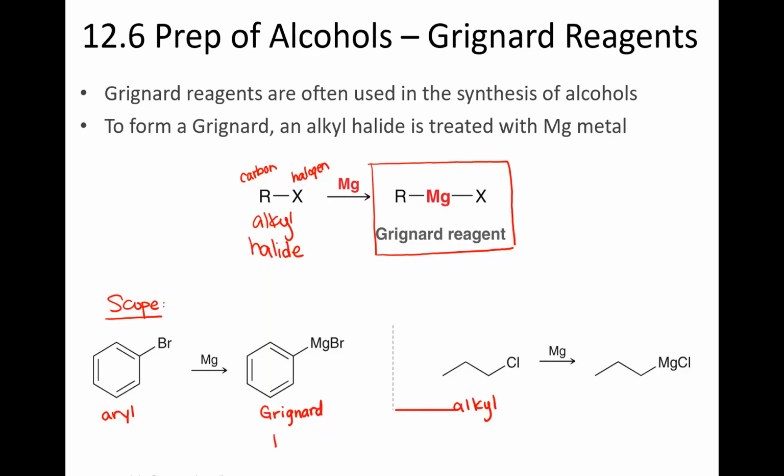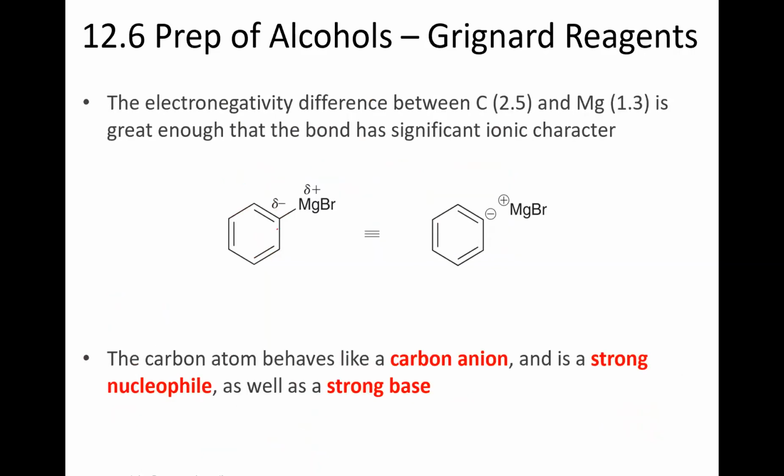So these are examples of Grignard reagents that you can form. The reaction is very general. Essentially any type of alkyl halide will do. Iodine is the best halide to use, but also bromine and chlorine are acceptable as well.